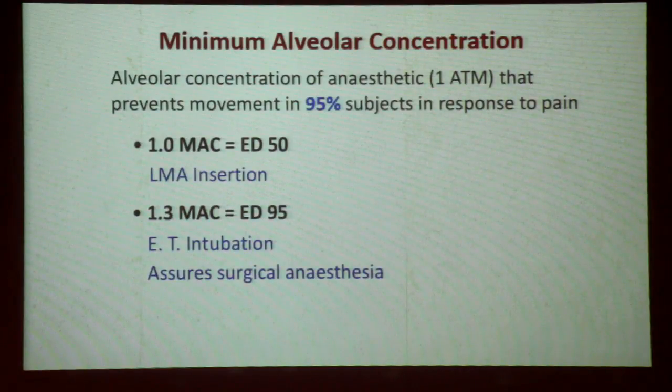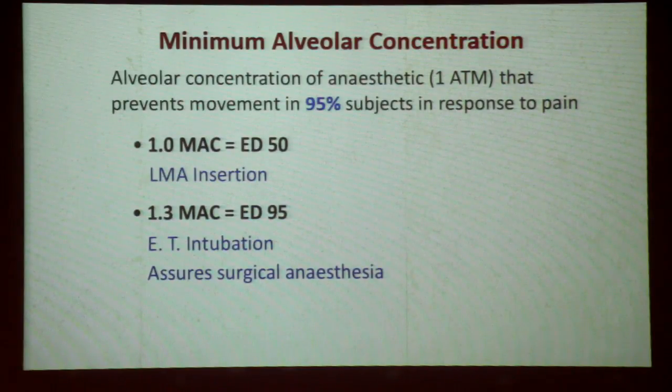So your range of MAC would vary between 1 to 1.3 to have a good surgical anesthesia for any patient in 95% population. If you go up to about 1.5, then probably 99.9% patients would be properly anesthetized.